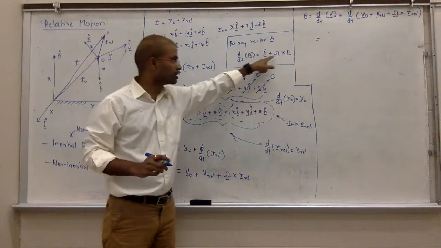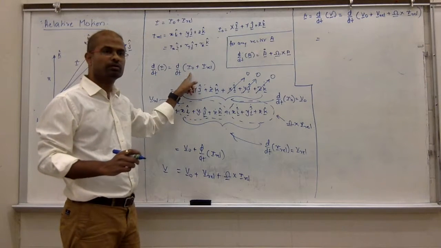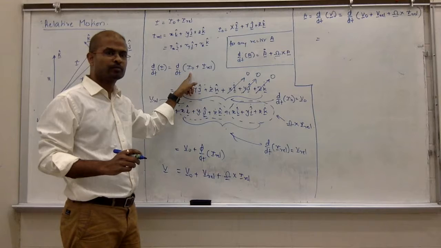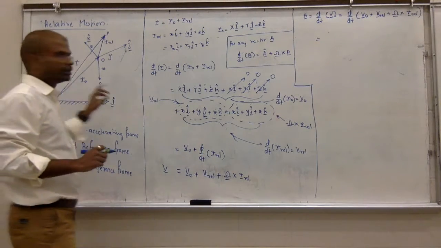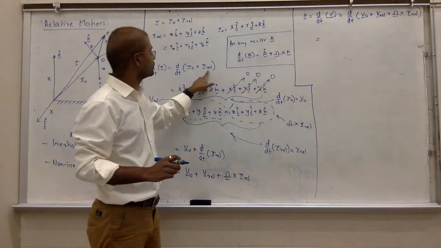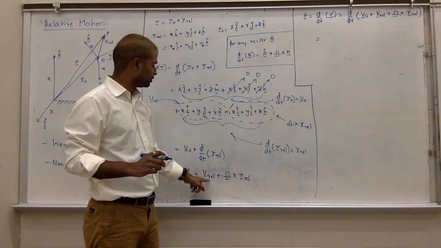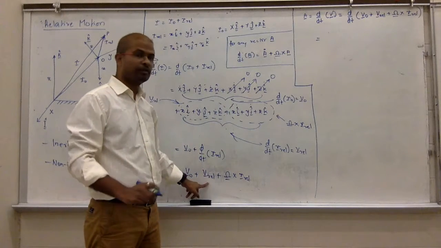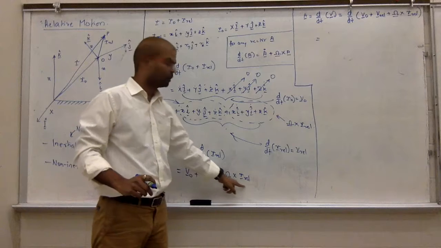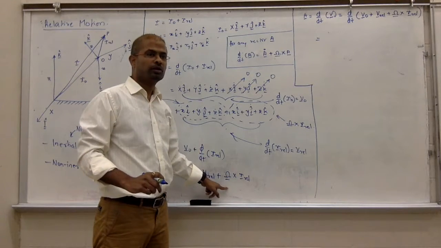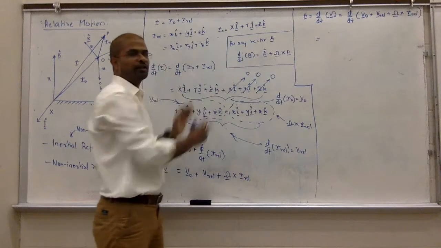But what happens is this omega is 0 for this R naught, because this is not moving. And then if we apply this again for this vector, it will be R relative circle dot, which is V relative, plus omega crossed with R relative, and that's what you see. There are two vectors, and we have applied this law to both of them.